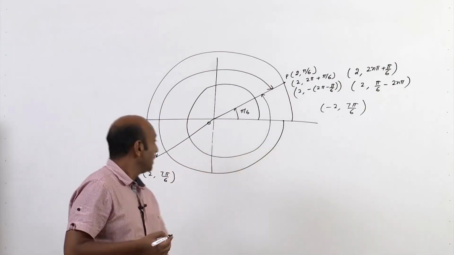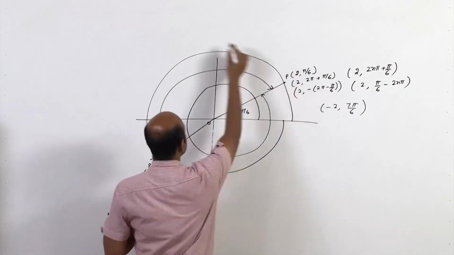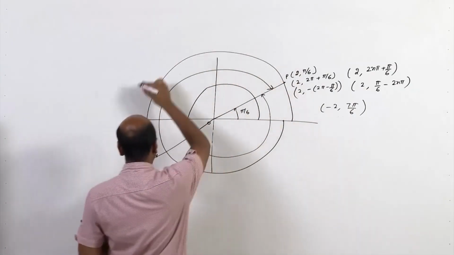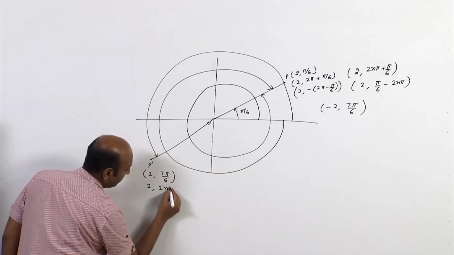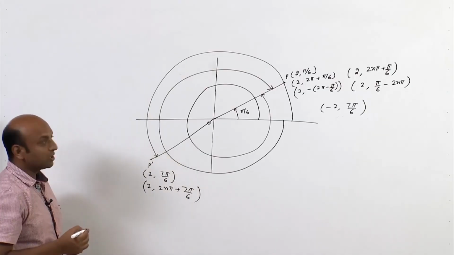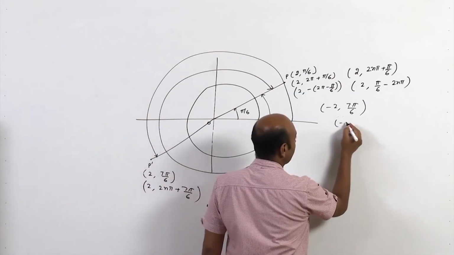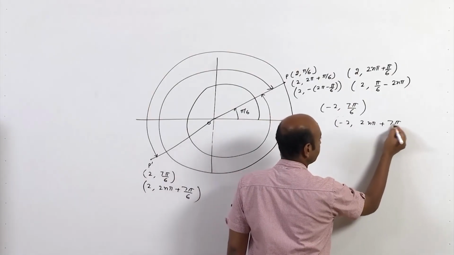Okay. Now, similarly, for this point, if we first complete one circle and then come again to this point, this will be 2 n pi plus 7 pi by 6 after moving n number of circles. So, the representation of this point will be minus 2 comma 2 n pi plus 7 pi by 6.